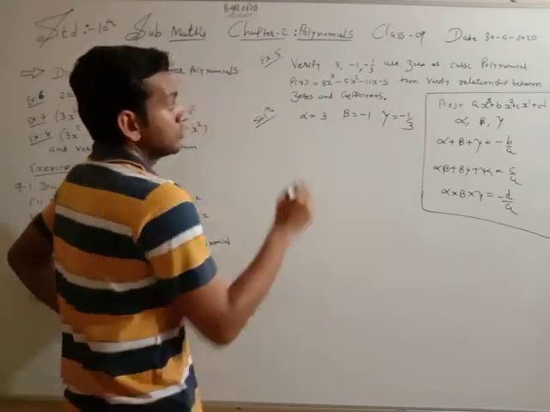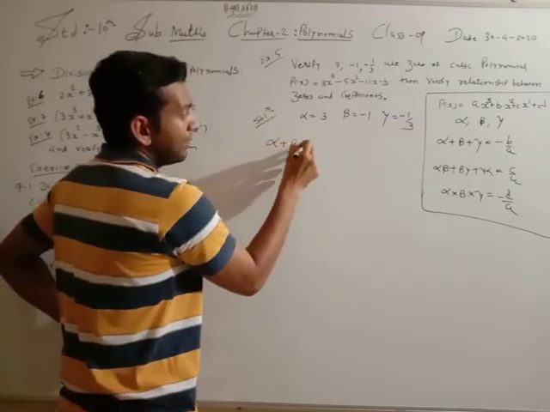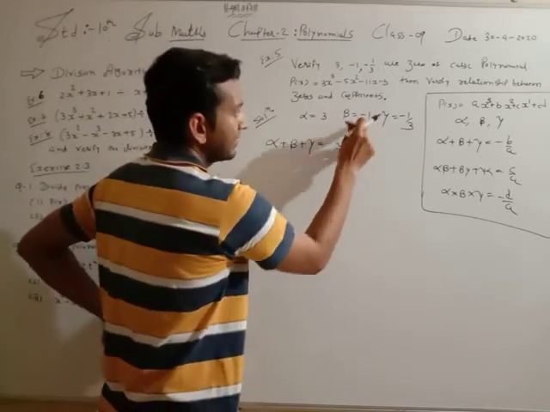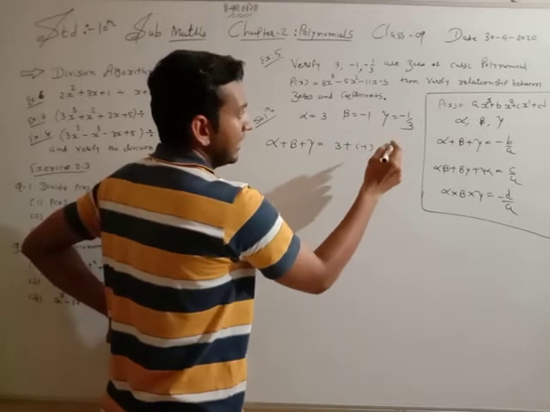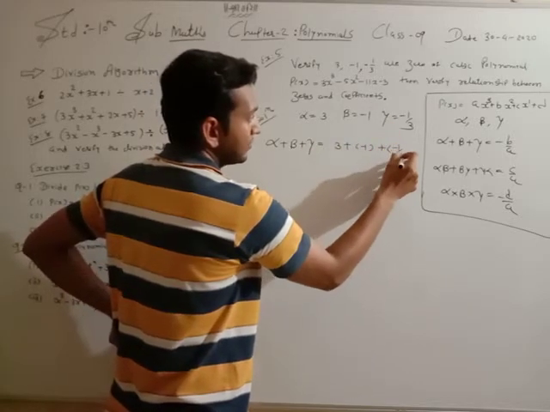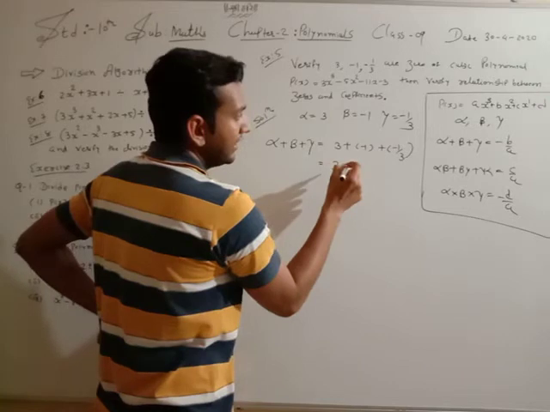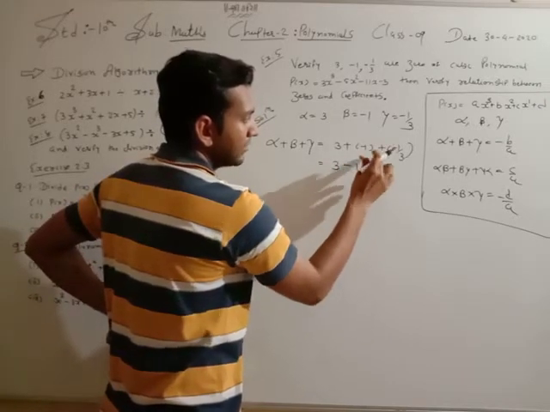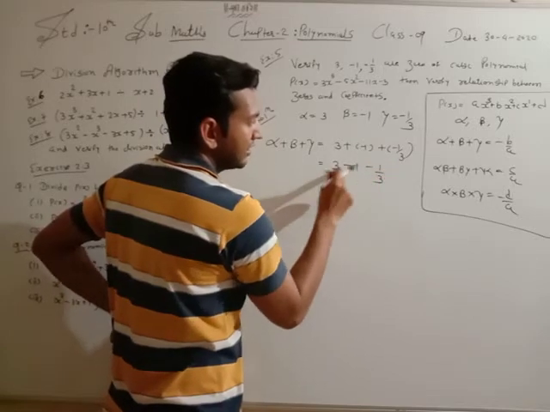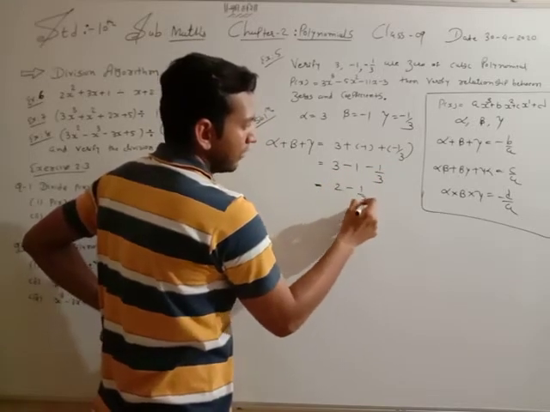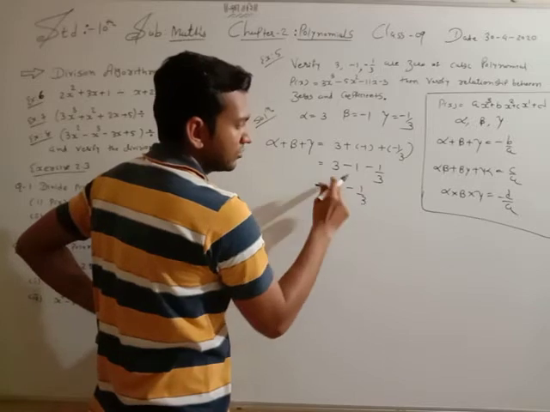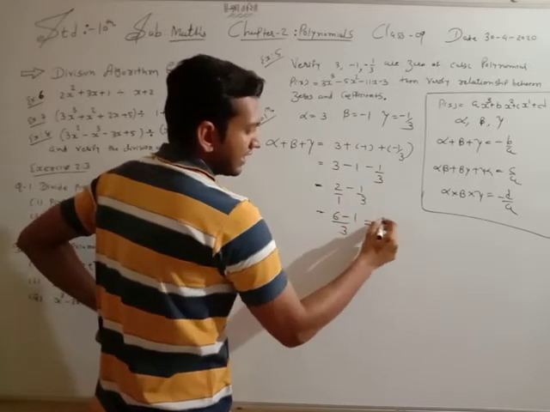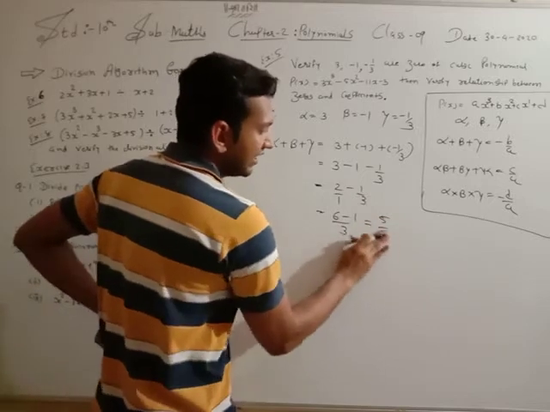The sum of zeros, alpha plus beta plus gamma, is equal to 3 plus minus 1 plus minus 1 by 3. 3 minus 1 is 2, then 1 by 3, then cross multiplication: 3 twos are 6, 1 ones are 1, 3 ones are 3. My answer is 5 by 3.